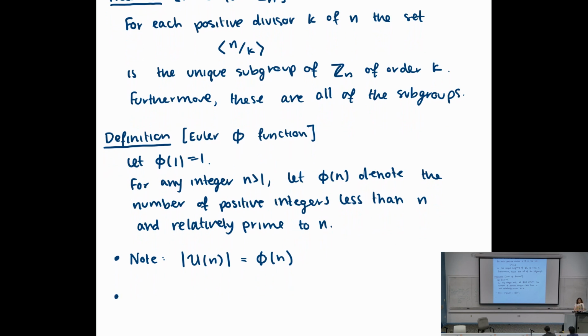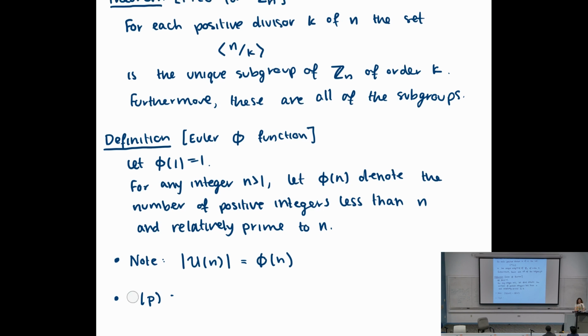And I guess you can easily say what phi of any prime number is. So what is, I wrote the wrong kind of phi. What is phi of a prime? So it's the number that are less than and relatively prime.